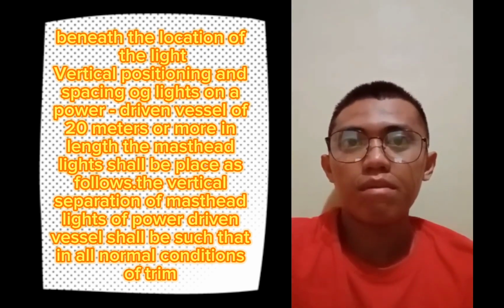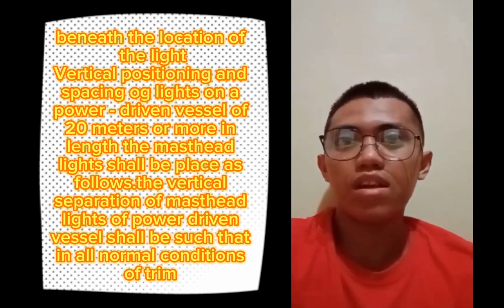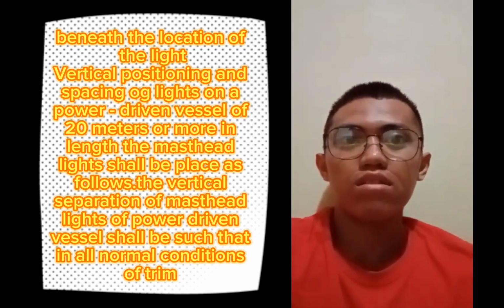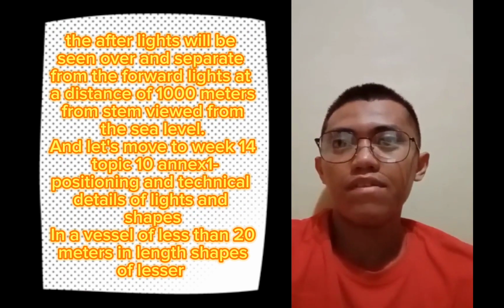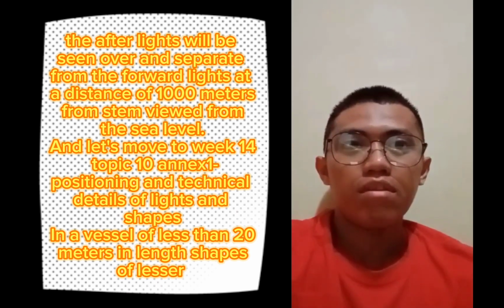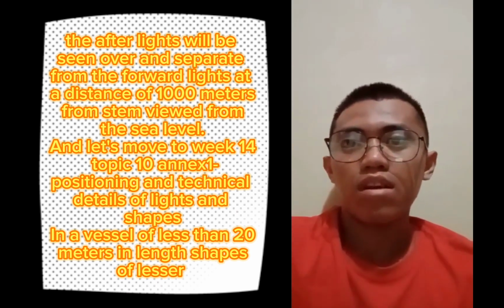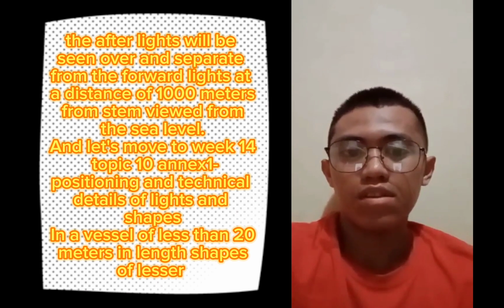The vertical separation of masthead lights of the power-driven vessel shall be such that in all normal conditions of trim, the after light will be seen over and separate from the forward lights at a distance of 1,000 meters from the stem when viewed from sea level.